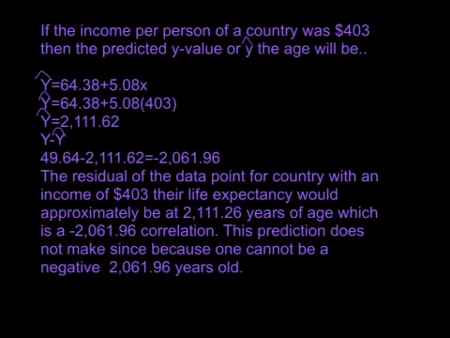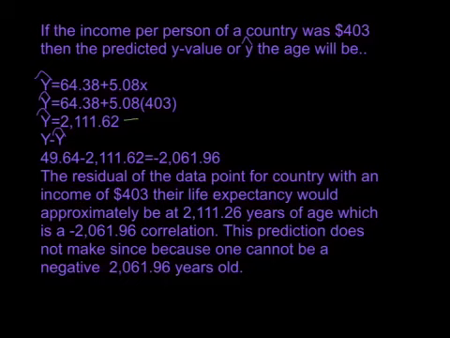This is one of my predictions, and I chose that if one were to have $403 as their income, then what would their predicted Y value be, or their age? And I came out with this number here, which doesn't quite make sense because someone can't be that age.